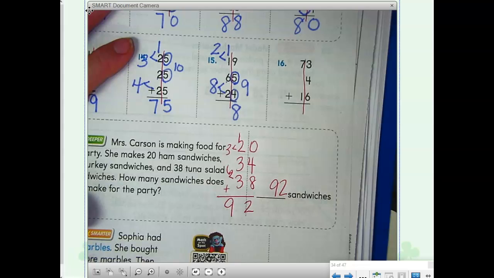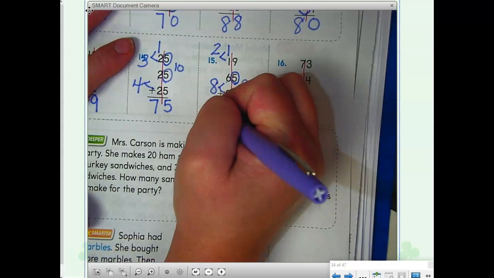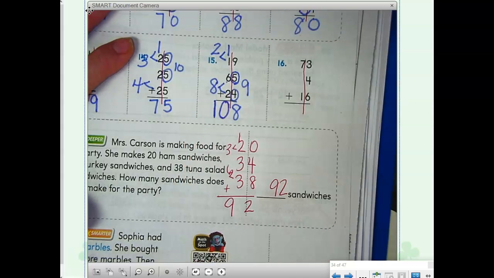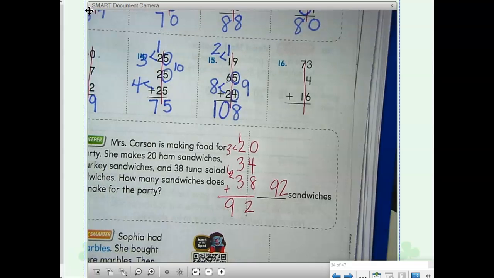That's 10. So my 1 would be my hundreds digit. My 0 would be in the tens place. 108. Check your work.